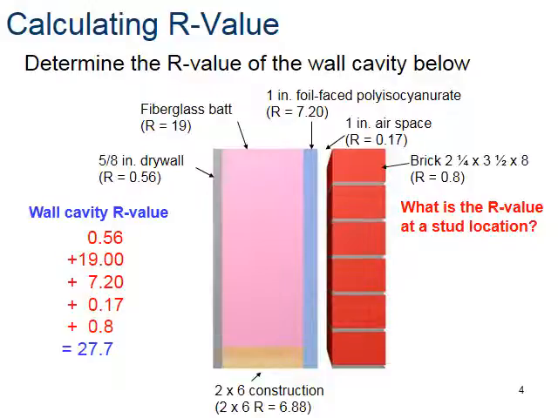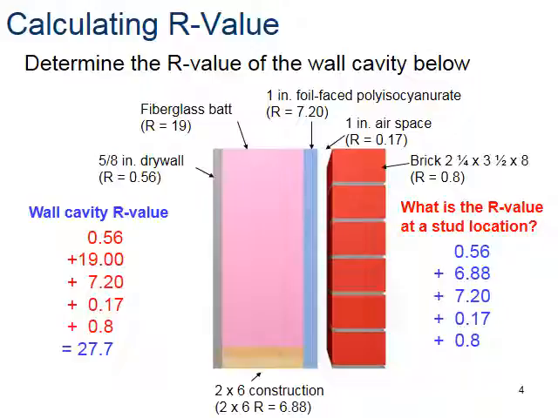Now, what is it though at the stud location? So same type of thing. But here I want you to draw a horizontal line from left to right through the stud. So it's going to go through the drywall, through the stud, through the foil, through the airspace, and then finally through the brick, right at the bottom.